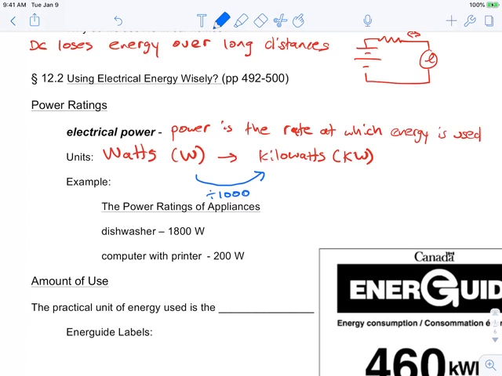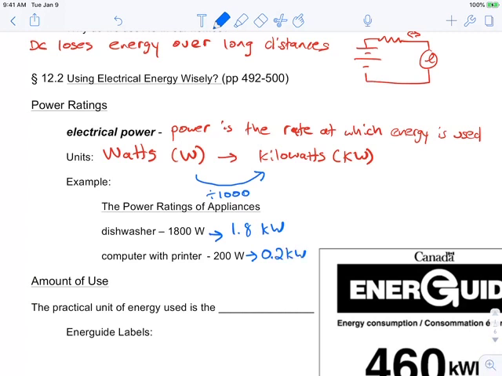So just give you a second and try that. Okay, so you should have been able to divide that by 1,000 and get 1.8 kilowatts, and if you divide that by 1,000, you should have got 0.2 kilowatts.